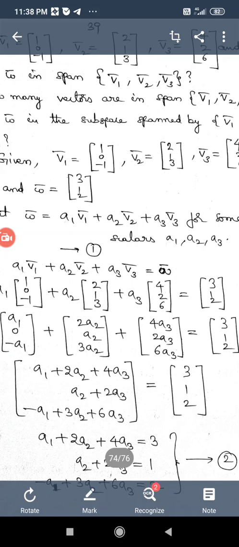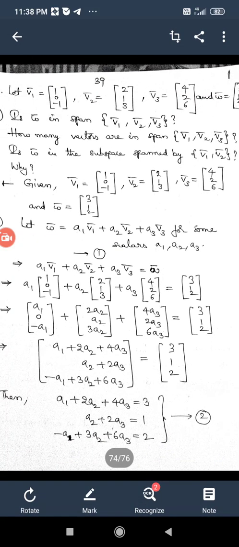So a1 plus 2a2 plus 4a3 is the first element, a2 plus 2a3 is the second element, and minus a1 plus 3a2 plus 6a3 is the third element of the resultant vector. Now this is equal to (3, 1, 2) on the right hand side.